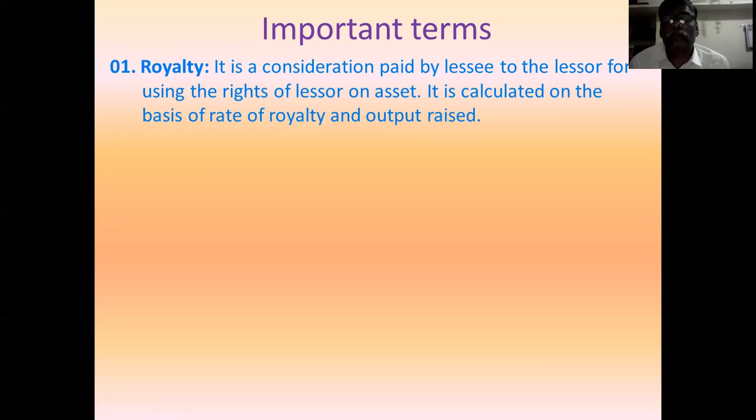In case of patent, the royalty is calculated on the basis of products manufactured and sold. So the royalty is calculated on the basis of benefit derived by the lessee by using the asset of lessor.